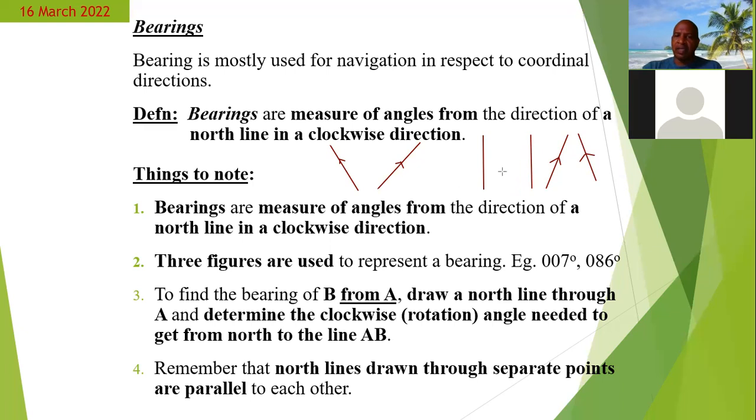So when lines are parallel, they don't diverge and they don't converge. And so they will never meet at a point and they will never go away from each other. Is that clear, guys?